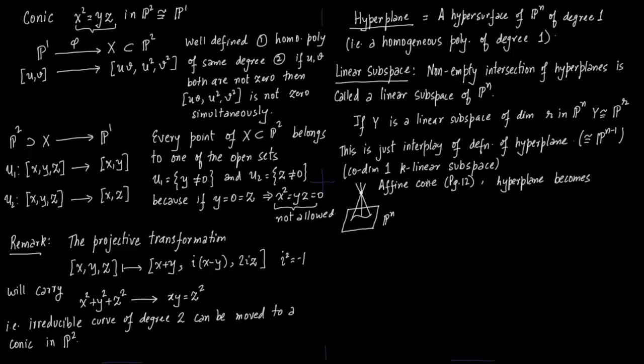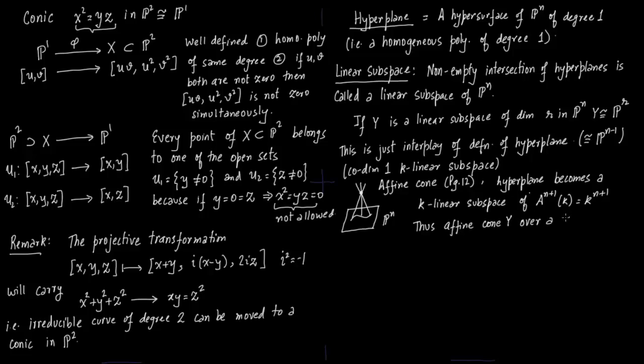So the hyperplane becomes a k-linear subspace of this affine space, of k^(n+1). Yeah, so you have added one more dimension; since you started in Pn, you end up in A^(n+1).